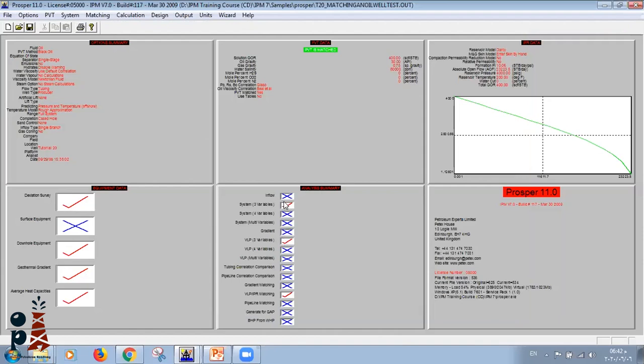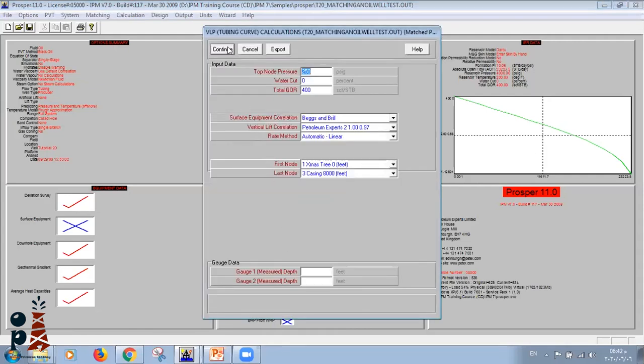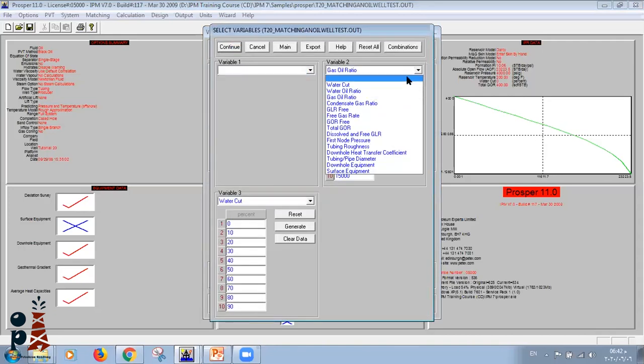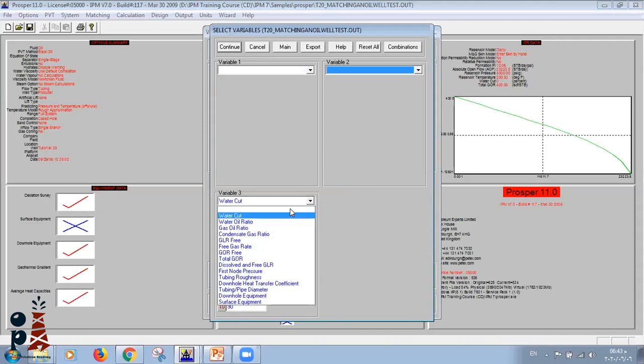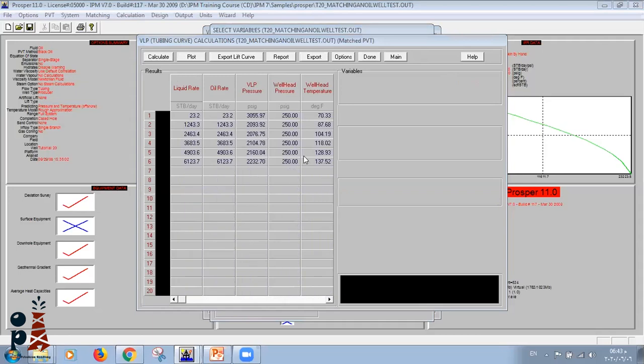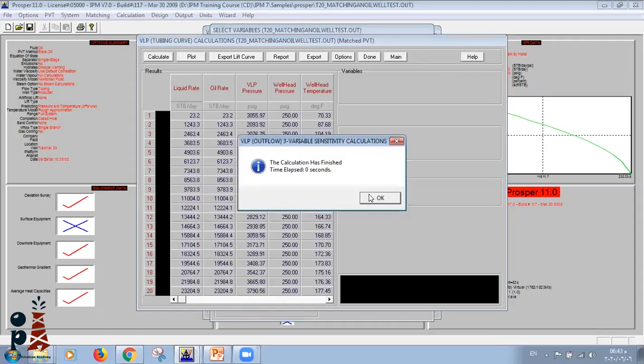I can draw the VLB here, but without any variables. And now I have my VLB.